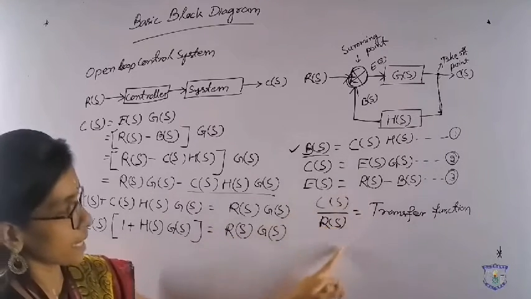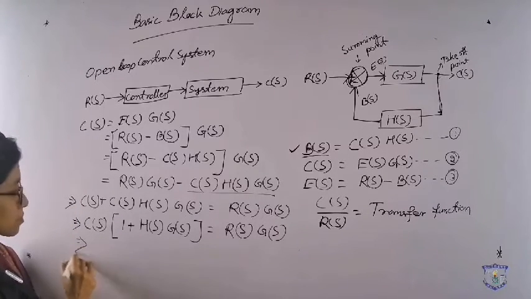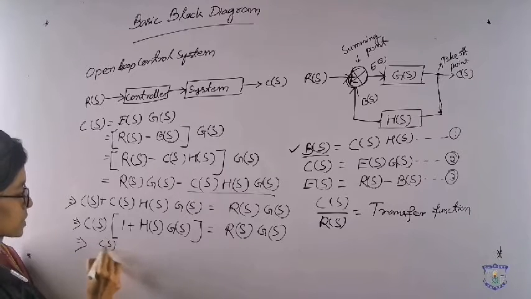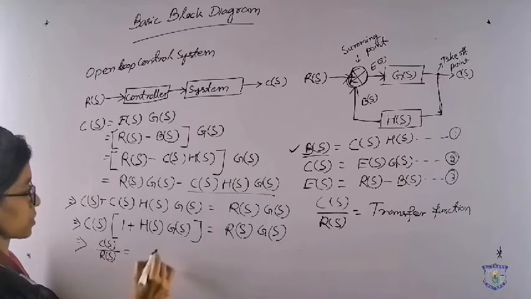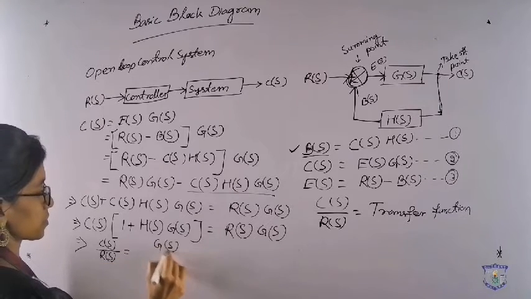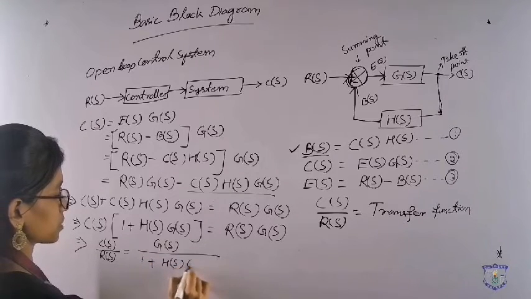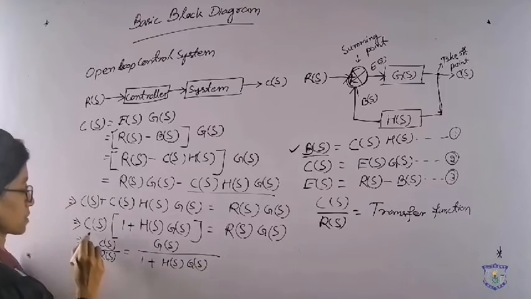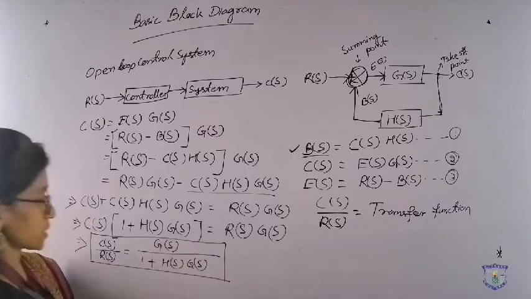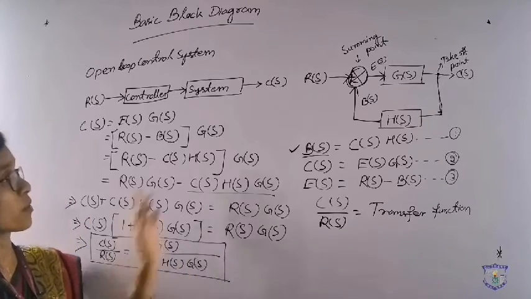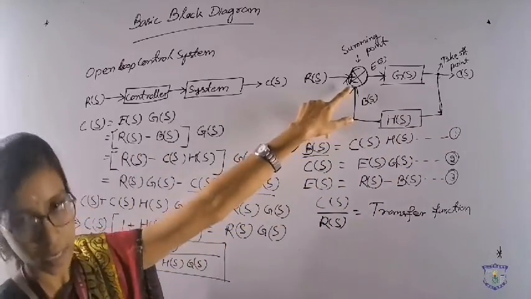So if I rearrange as this ratio, I can write here C(s) by R(s) is equal to G(s) by 1 plus H(s) into G(s). This is the transfer function of this particular block when I have taken the feedback as negative feedback.